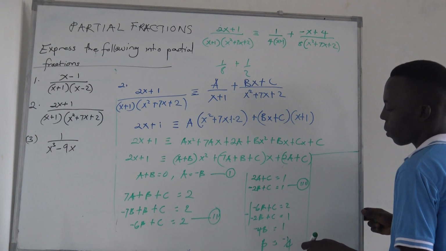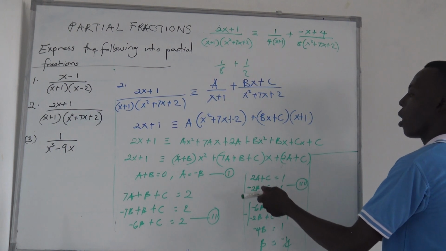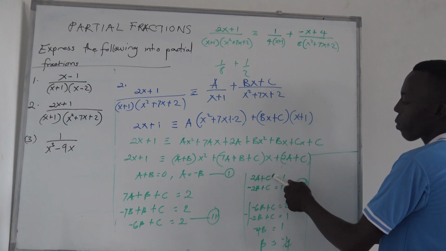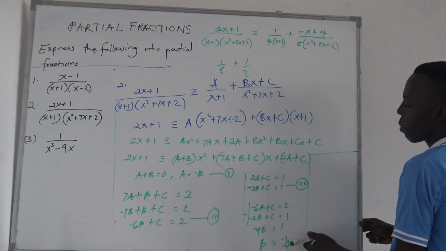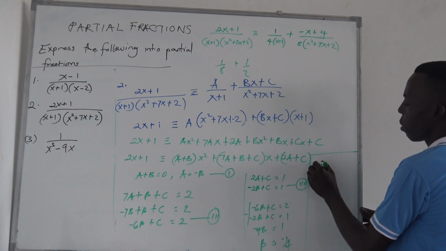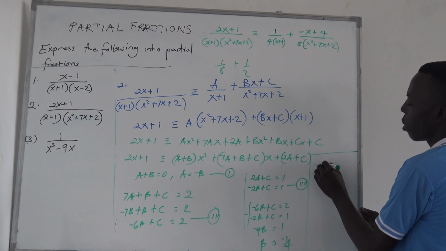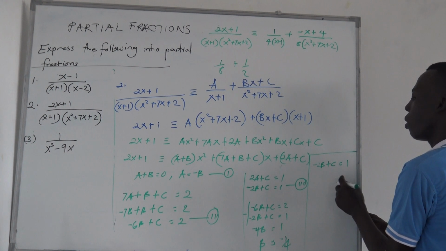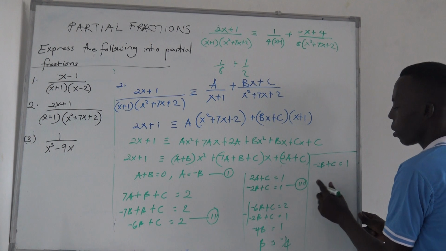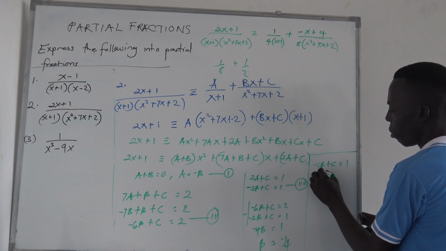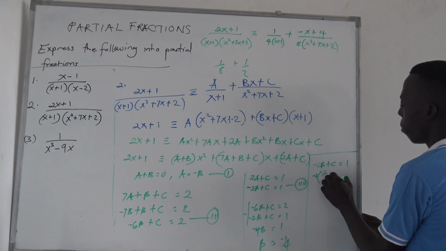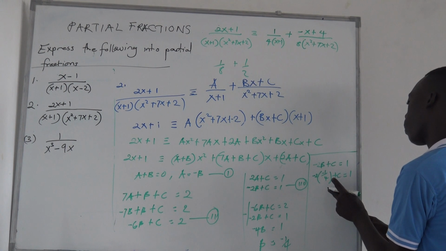So also, we go to the other one, putting the b here in either this one or this one, what we have is negative 2b plus c equals 1. So put in the value of b, so here it becomes negative 2 into negative 1 over 4, plus c equals 1.